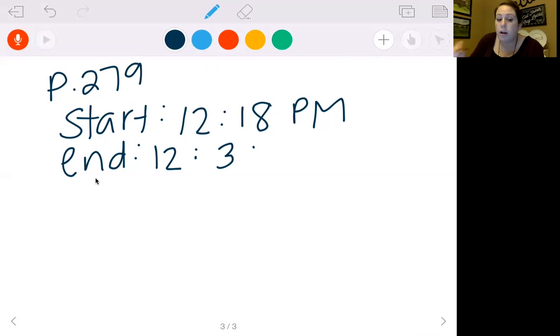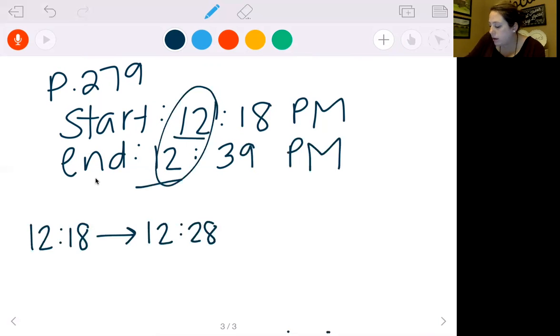Now this little trick only works if I'm staying with the same hour. It doesn't work if I'm going to another hour. So that's the first way you can do it. Another way we can do it is count up by 10 minutes. So 12:18, 10 more minutes would be 12:28.